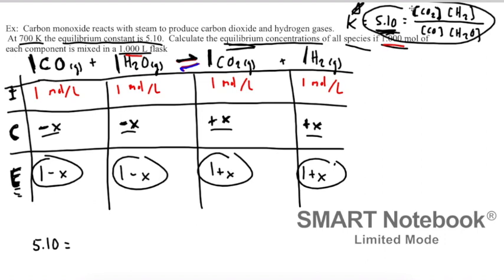And I know that it's the equilibrium concentrations of products divided by the equilibrium concentrations of reactants. But right here I have expressions for what those equilibrium concentrations are.